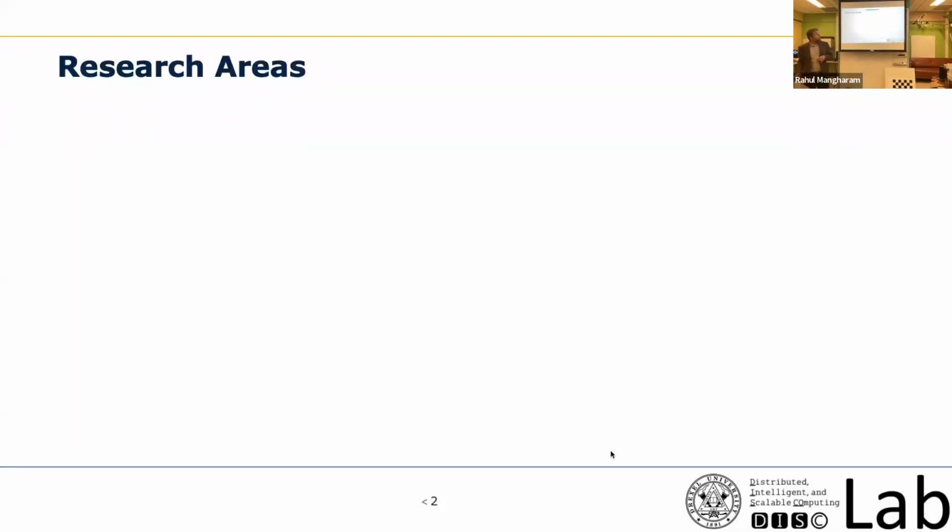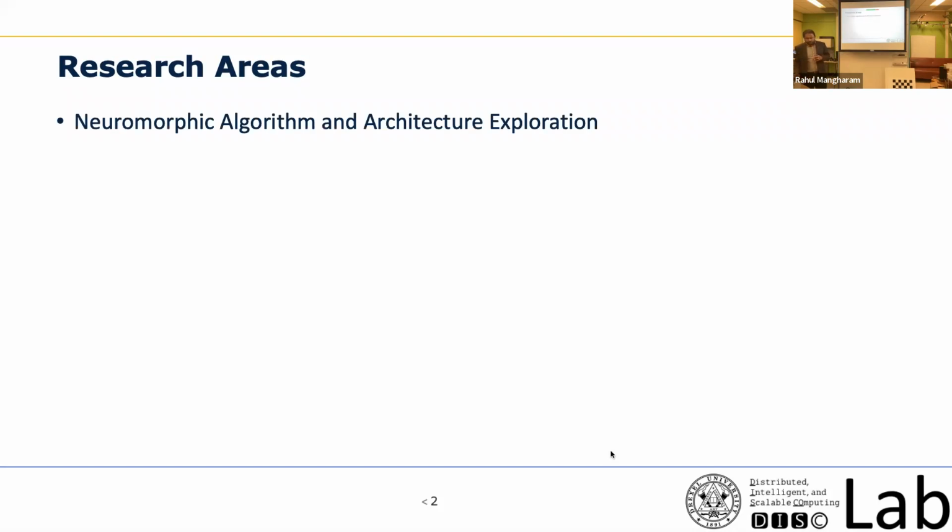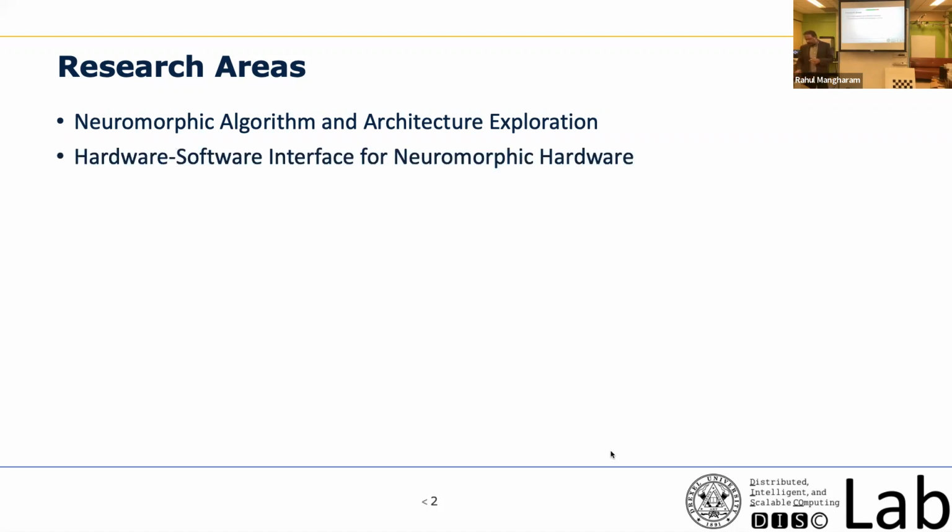There are three key research areas that I lead. One of them is neuromorphic algorithms and architecture exploration, and I will explain what those are. And then I build something called the hardware-software interface, so that even if you build a system, we can make it more efficient for people who don't know how the hardware works to run their programs on it.